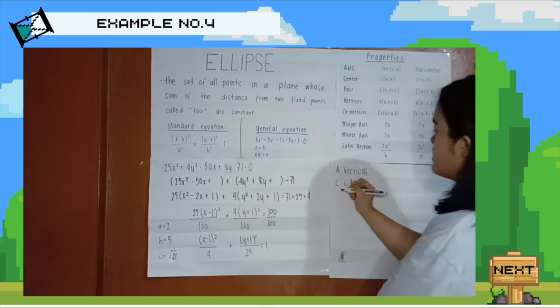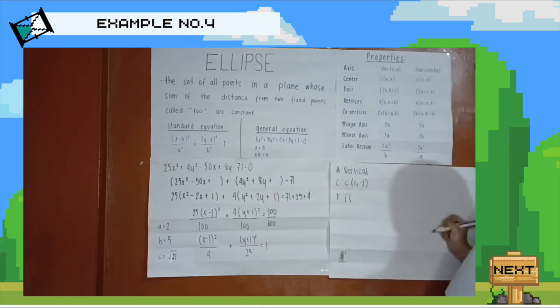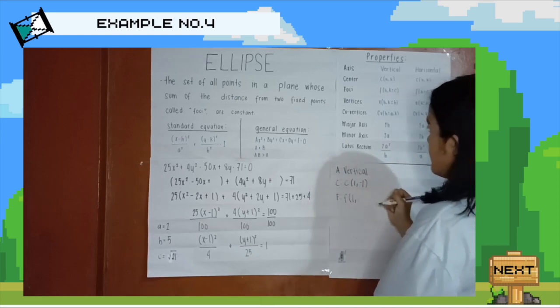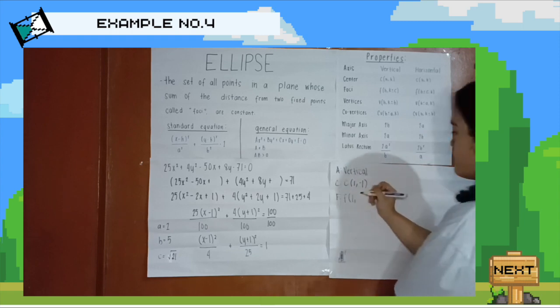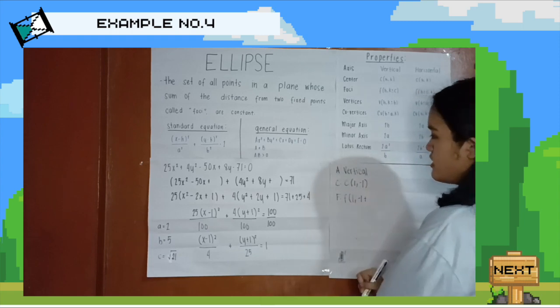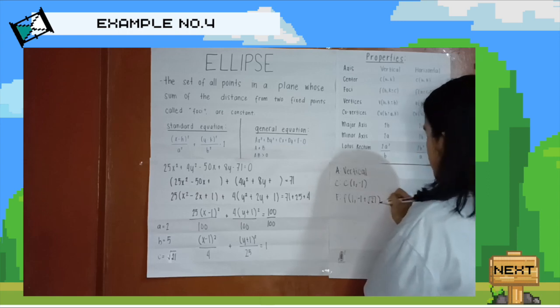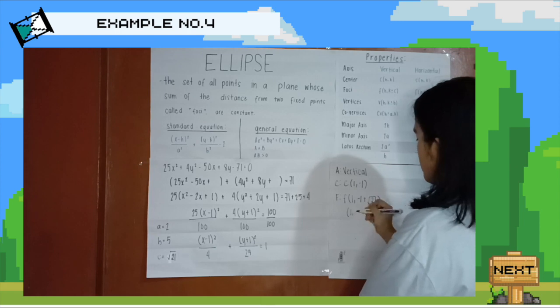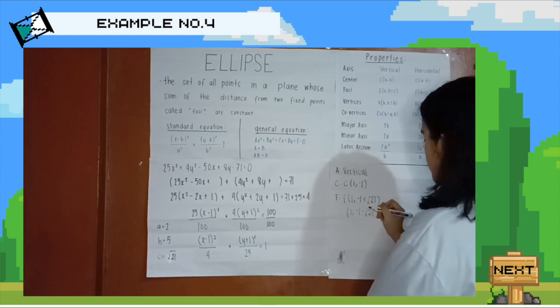And for the foci, H, comma, K plus or minus C. So H is 1 and K plus C. So negative 1 plus square root of 21, and negative 1 minus square root of 21.